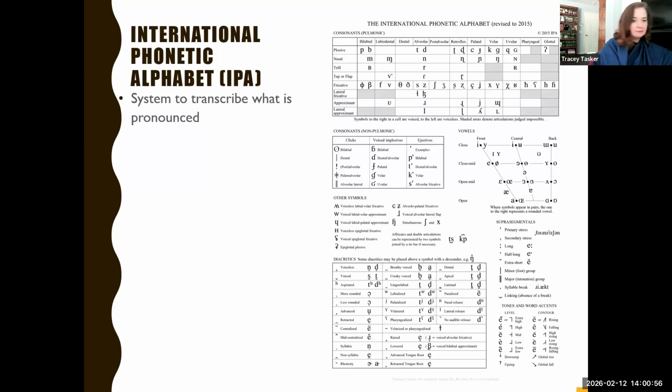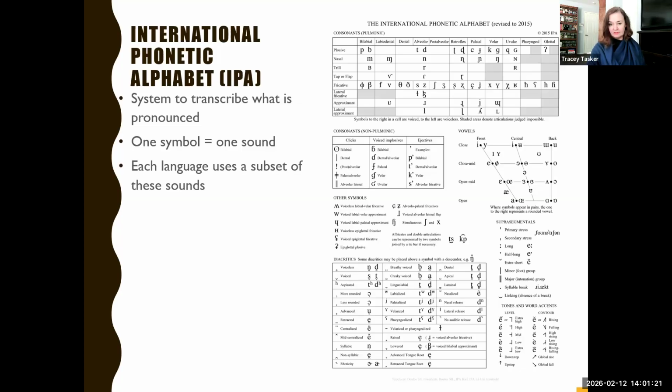Okay. So just a reminder, the IPA is used to transcribe sounds, phonemes that are pronounced. So not letters, but actual sounds. There is one symbol for each sound. Although it sometimes looks like there's a digraph or two letters, it just makes up one symbol.